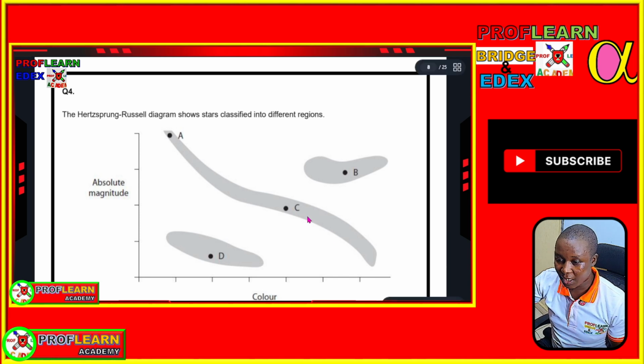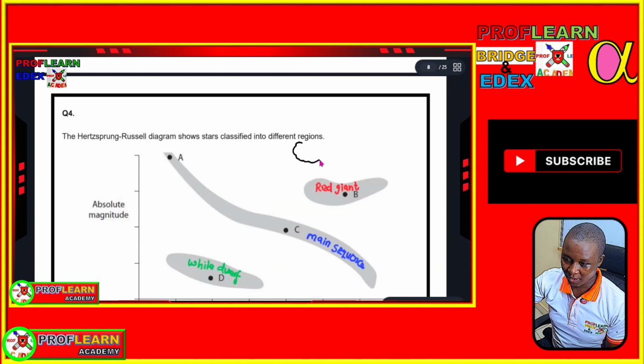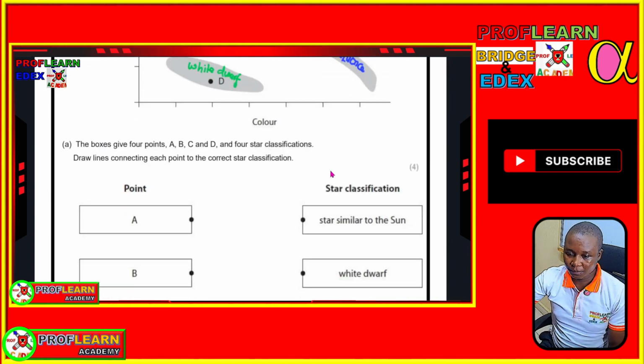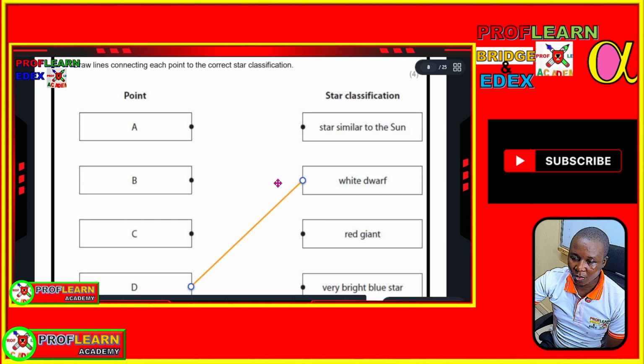We have the upper part, which is the red giants, and then we have the white dwarfs. These white dwarfs here, and then up here we have the red supergiants. These are massive stars. So we are supposed to draw lines.